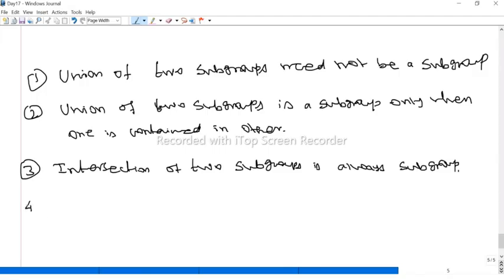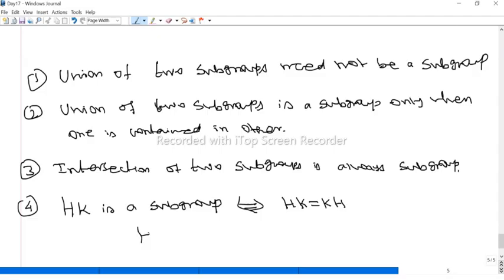Now the product of two subgroups is a subgroup only when, if you take two subgroups H and K, the product HK is a subgroup if and only if it satisfies the property HK equal to KH.